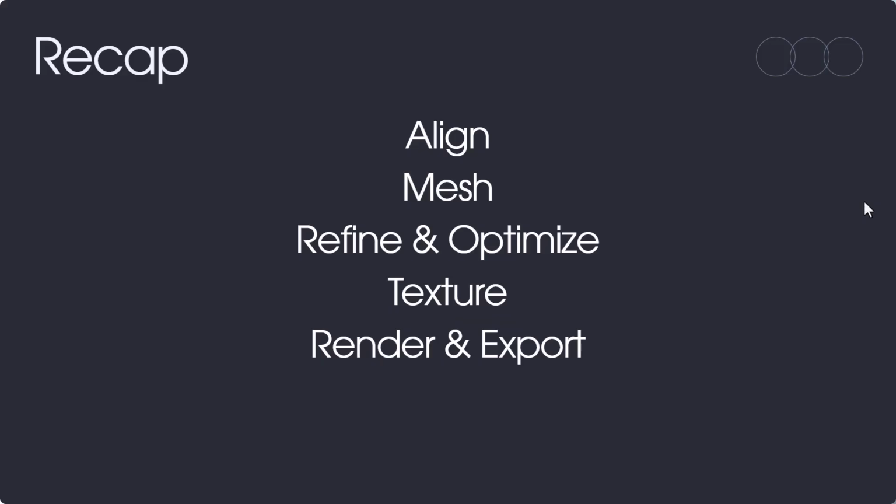Alignment is vital. Making sure that you have that solid foundation is extremely important, because you can't get a really high quality mesh without proper alignment. So it's very, very important.